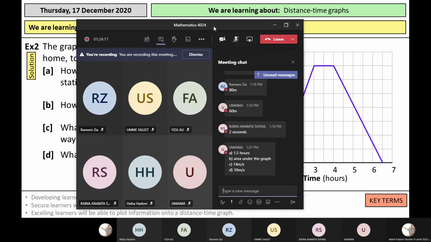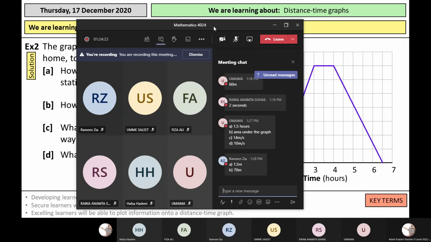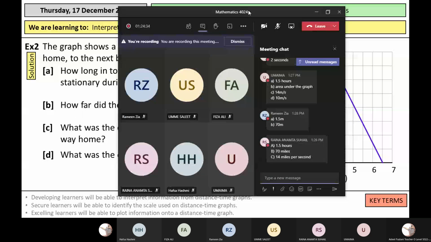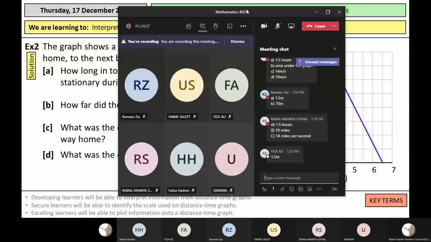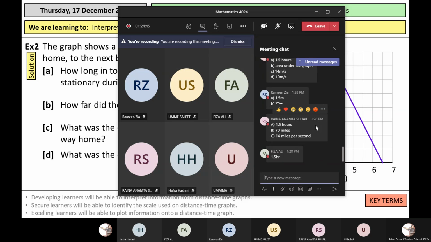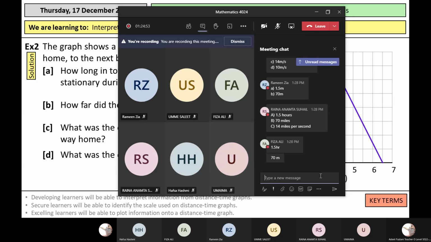Is there anyone who is still typing? Please do it quickly. Ramin Zia, 1.5. All right. Raina and Anamta have responded. Fiza Ali. All right, just send it to me together, the way Omema has sent it, by writing A part, B part, C part and D part.